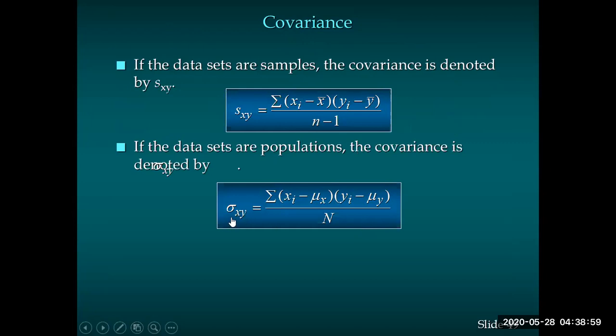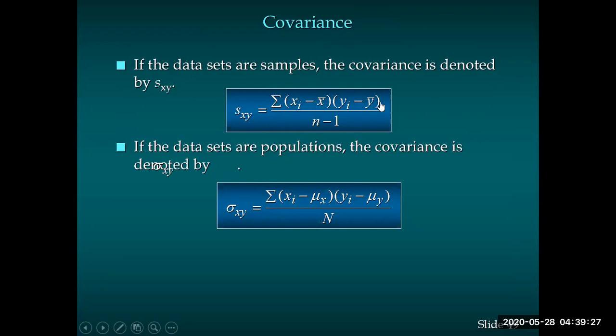So covariance could be computed for population data or for sample data. The data could be the whole aggregate, theoretically speaking, the whole data set, or just a part of it, a sample. The sample covariance is denoted as S_XY, and you can see the deviations of X are multiplied with the deviations of Y. These are the two variables.